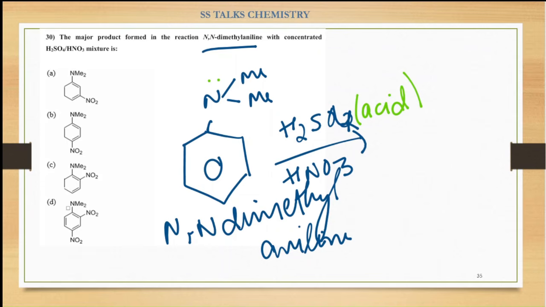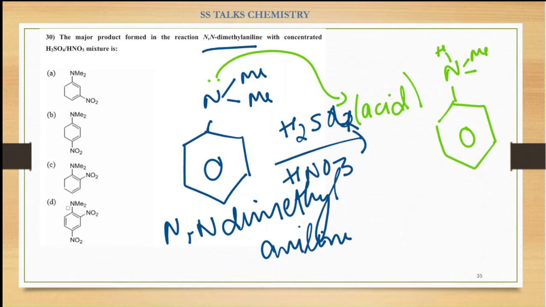Due to that, the nitrogen atom containing the lone pair gets protonated in the presence of the acid. So you get the formation of this species, NH with the methyl groups and a plus charge. This N,N-dimethyl aniline gets into its protonated form.